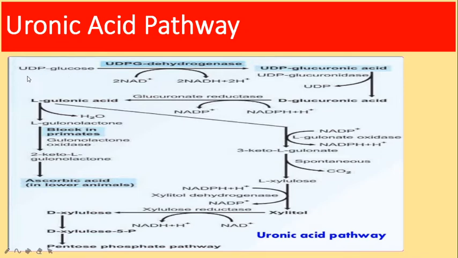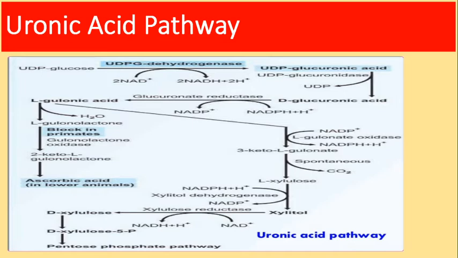So glucose 6-phosphate is the entry point for the glucuronic acid pathway. In this pathway, glucose 6-phosphate will be converted into glucose 1-phosphate, which will react with UTP to form UDP glucose and a pyrophosphate in the presence of the enzyme UDP glucose pyrophosphorylase.